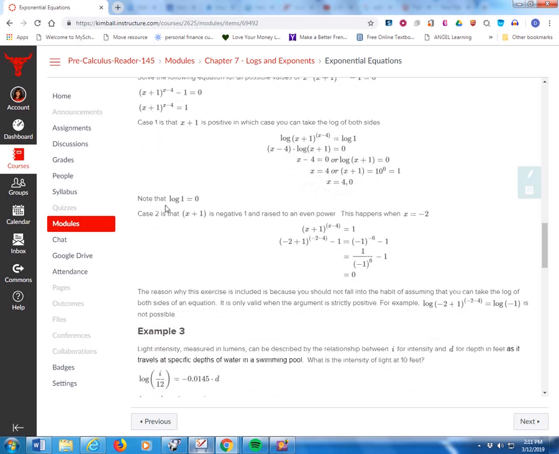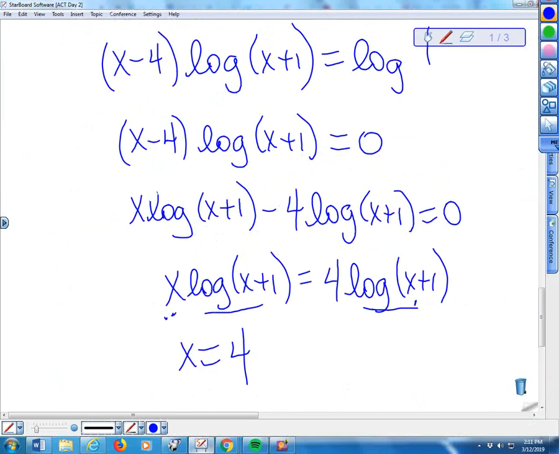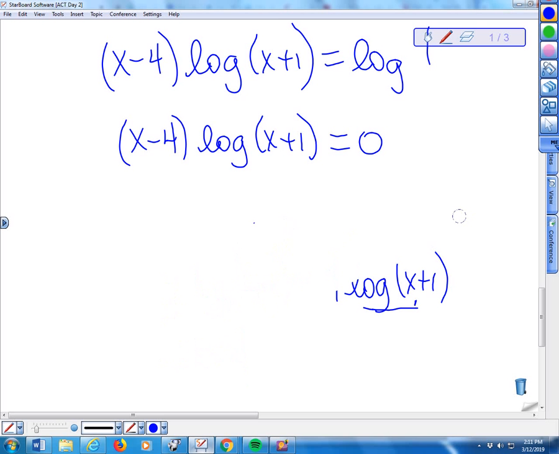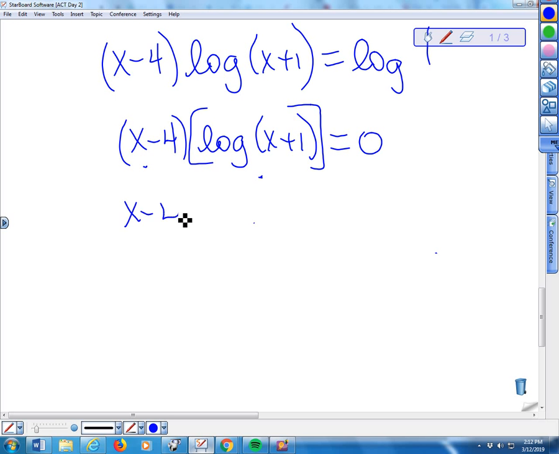So they said, if I stop here, and treat it as two factors, this has to be 0 or this has to be 0 for the product of the two to be 0, right? So we're going to set up x minus 4 equals 0, or the log of x plus 1 equals 0.